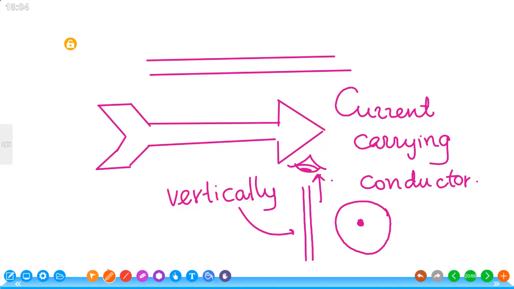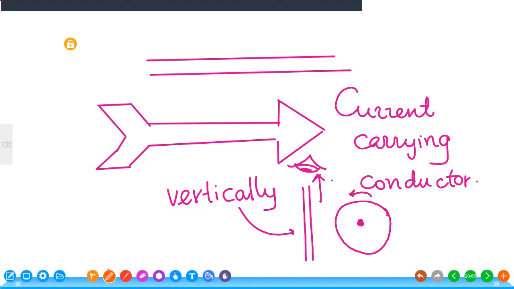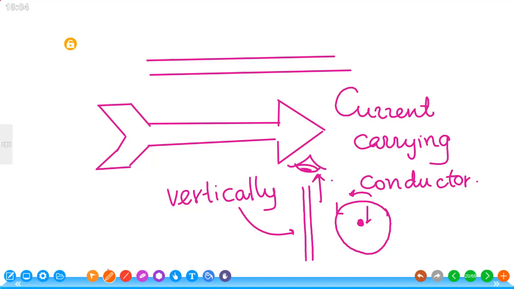When the thumb is pointed upwards, the other four fingers may point in this direction. Therefore, this is the direction of the magnetic field. We describe this as an anti-clockwise magnetic field.